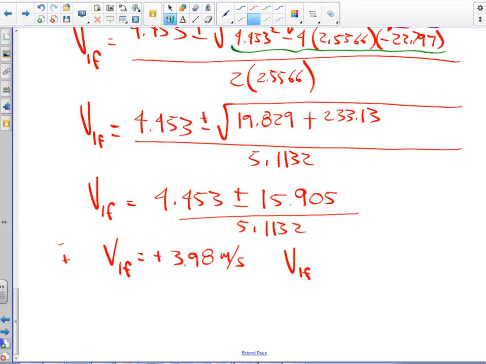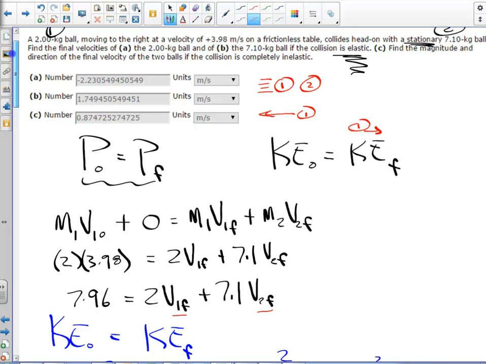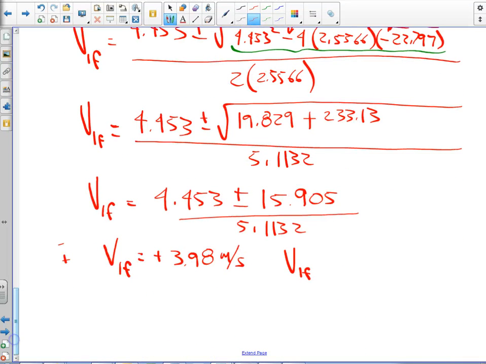Okay, I take it back. Is this the initial velocity of 1, not the final, or is it? Yes, it is a final. So I take it back. The negative possibility would be 4.453 minus 15.905, get an answer, and divide that by 5.1132. It should be negative 2.24 meters per second.